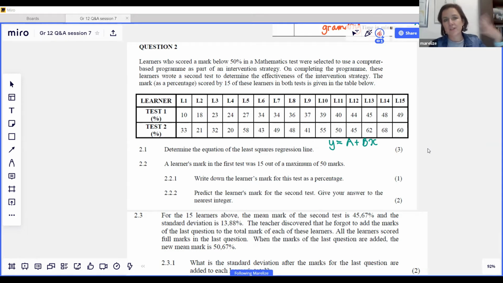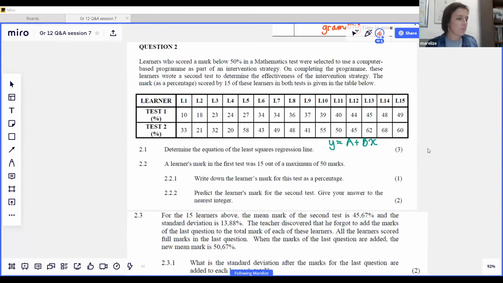And that's what our regression line is going to tell us. It's going to spew out a whole lot of numbers, and that equation, those numbers, are basically going to help us determine the relationship between the test 1 score and the test 2 score. So regression is very closely related to correlation. They're basically in the same WhatsApp group. Correlation and regression.